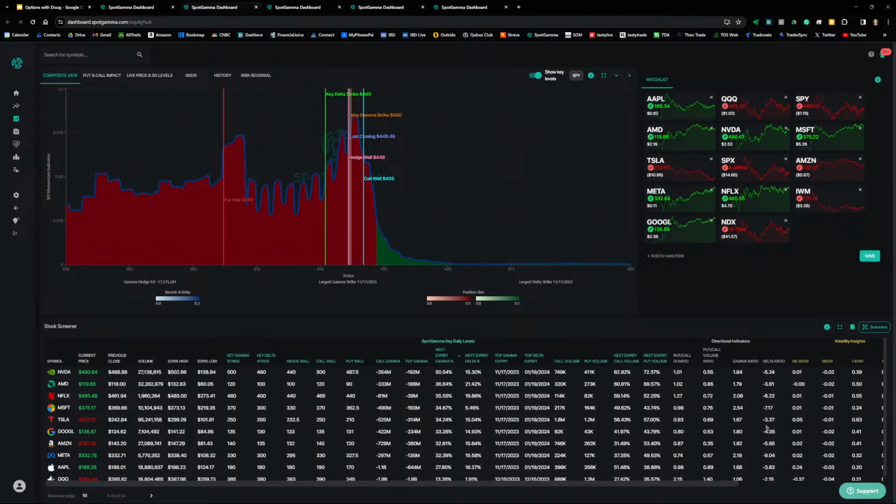So what this is showing is any stock with over 30% of gamma expiring tomorrow. So this is all stocks in my watch list with over 30% of gamma expiring tomorrow. Let's just take a look at NVIDIA, for example.